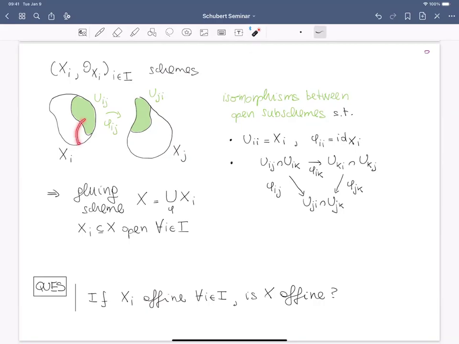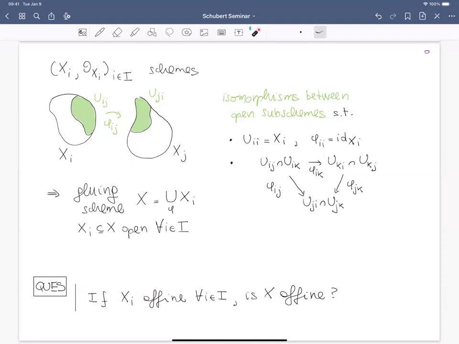So imagine a third, second open set here, U_ik, for example, and look at how these gluing maps behave on the overlaps. If they behave like this, meaning they make this triangle commute, some sort of cocycle condition, then they give you a consistent way to glue.